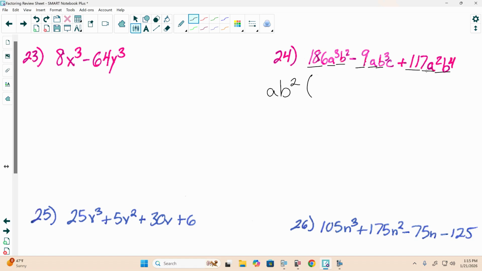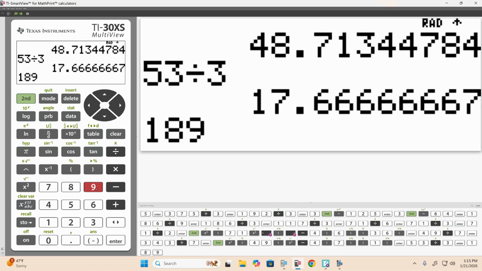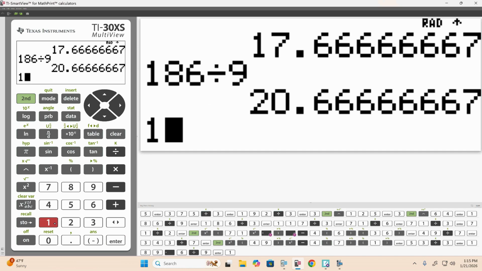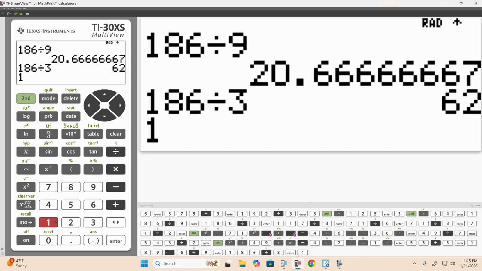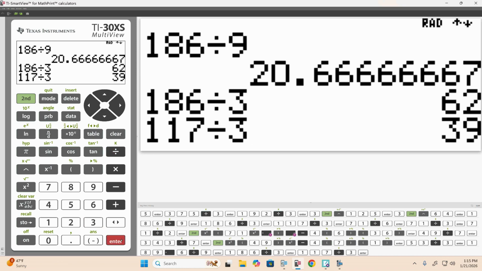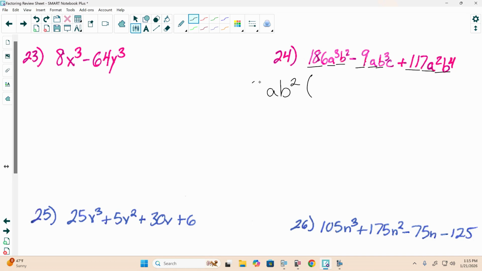Well, the only factors of 9, the smallest number, are 1, 3, and 9. 186, I'm going to divide it by 9. That doesn't work. Well, 3 does. But we need to make sure that 117 is also divisible by 3. It is. So that tells us 3 is also a greatest common factor.